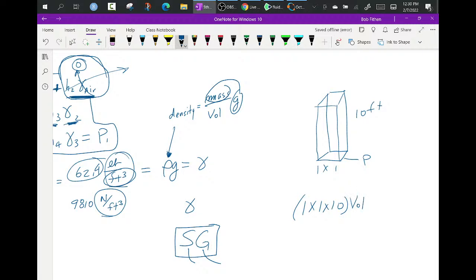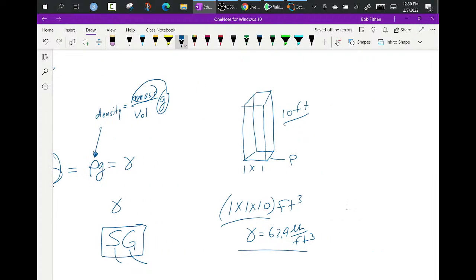How much does that weigh? Well, since I've chosen units of feet, I'm going to say gamma is 62.4 pounds per cubic foot. The volume is in cubic feet, so the total weight of that column of water is 624, because I multiply 1 times 1 times 10. Well, that's the total weight, but it's over a 1 by 1 area.